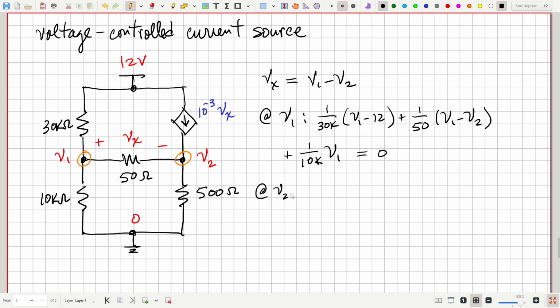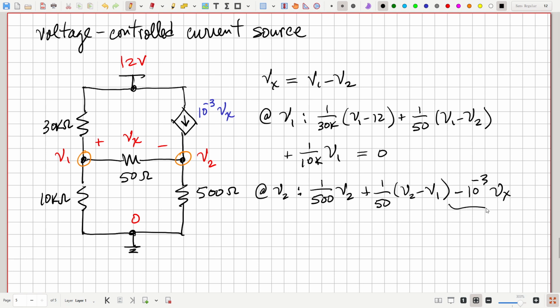At node 2, over here, let's see, we got the current going down. That's V2 minus 0 over 500. So 1 over 500 V2. The current going from right to left, that's V2 minus V1 over 50. So 1 over 50 times V2 minus V1. And then this current going up was the negative of that current. So that's going to be minus 10 to the minus 3 Vx.